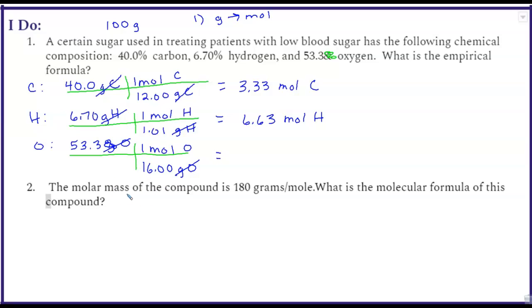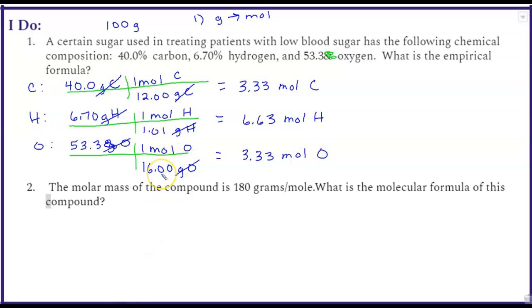So 53.3 divided by 16, and it is 3.33 moles of oxygen.